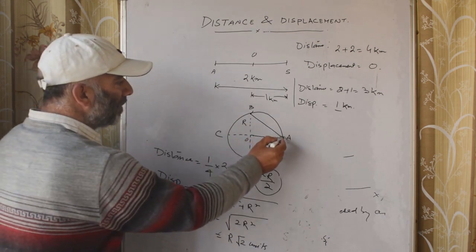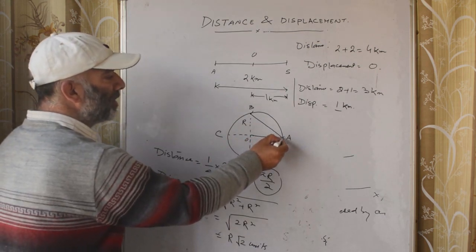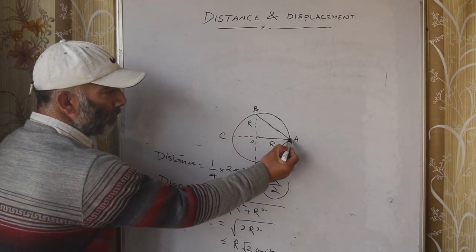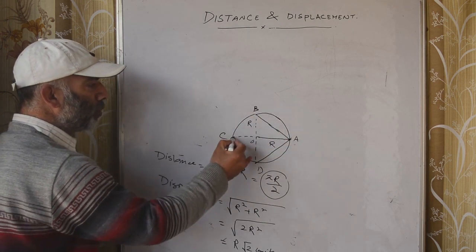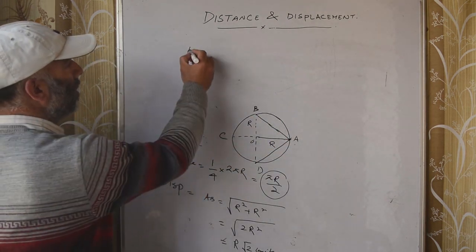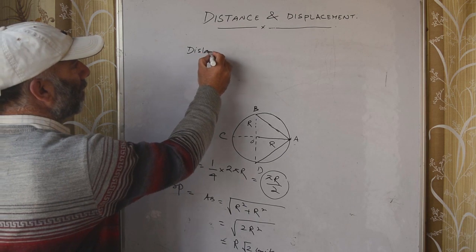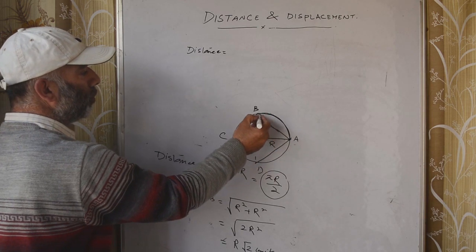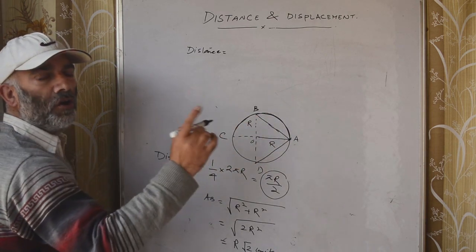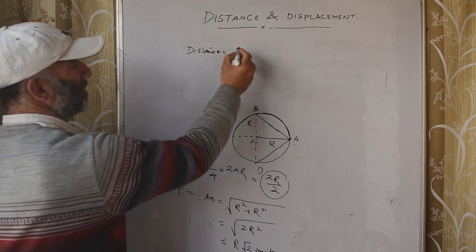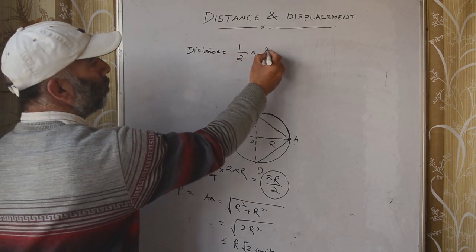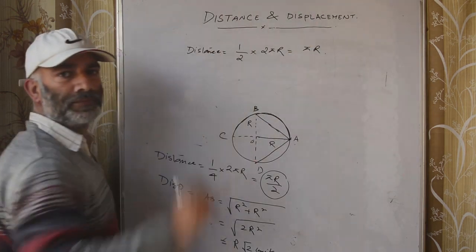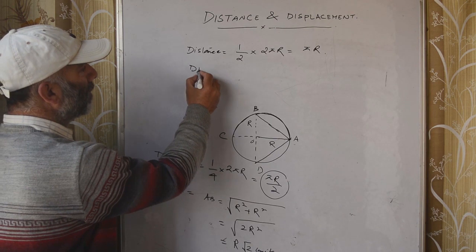If there is a question, what is the displacement and the distance if a particle moves from A to C? Let's think about it. If a person moves from the point A and reaches the point C, the total distance covered will be equal to this much, A to C. This is half of the total circumference, that is 1/2 into 2 pi times R, and that is equal to pi R. What about displacement?